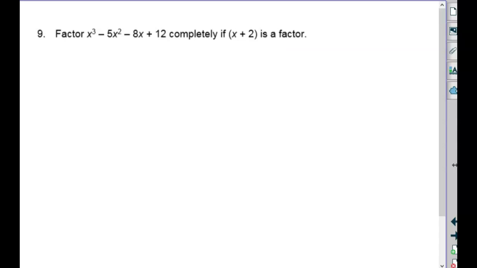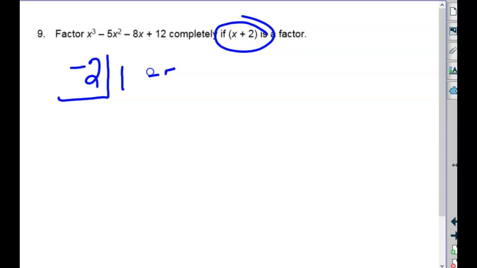Factor completely if we know this is a factor. So what do we do first? Synthetic division with what in the little box? -2. We have 1, -5x squared, -8x, and 12. I don't think I need any zeros or placeholders, right?